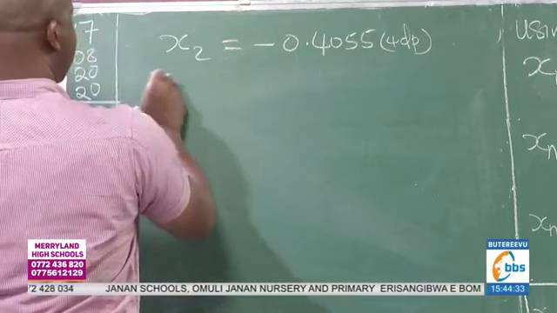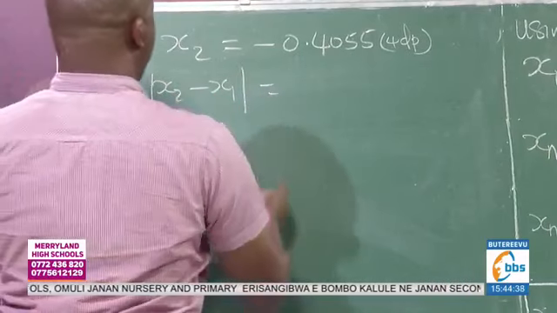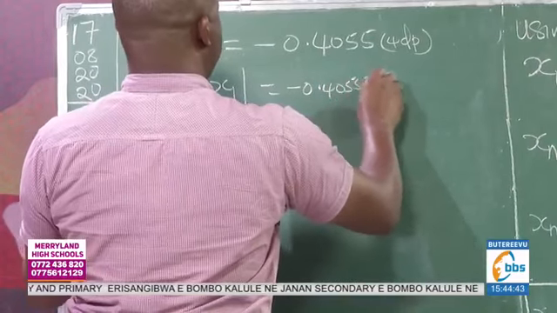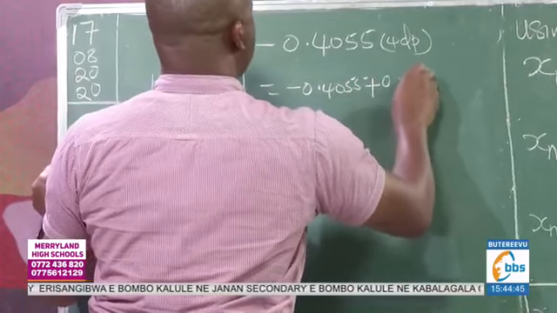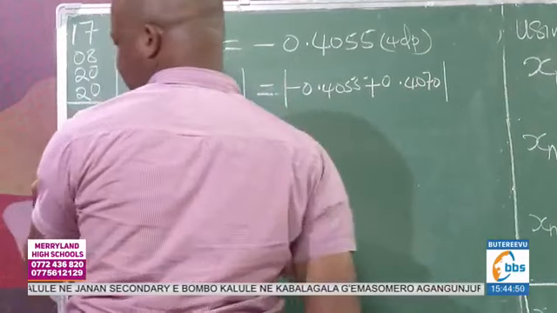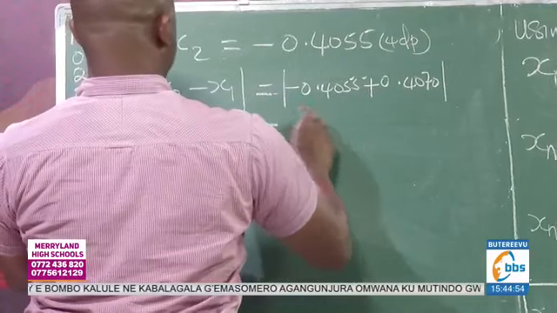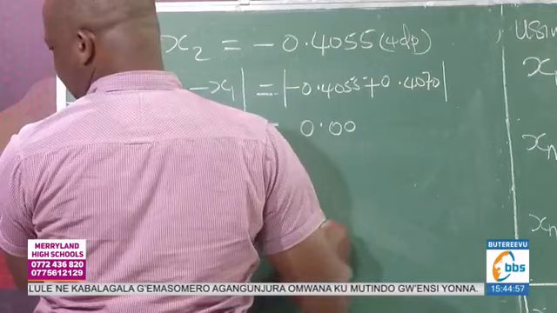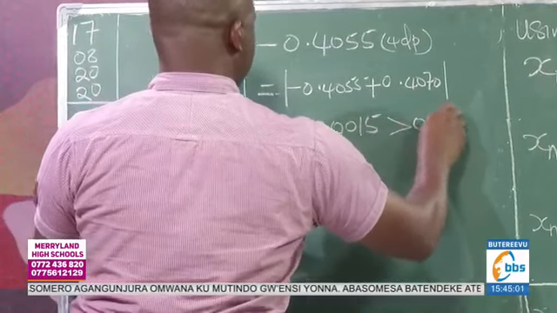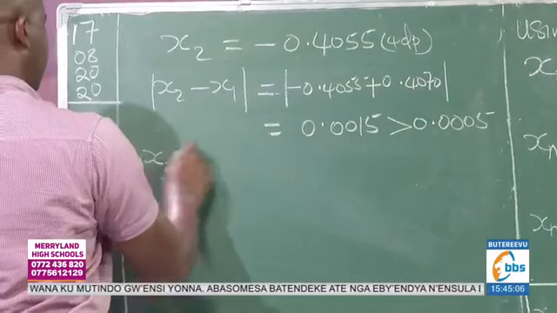Check for the tolerance. x2 minus x1 will give us negative 0.4055. This will be plus 0.4070 modulus. When you compute this, you get a value of 0.0015. This is still greater than 0.0005. So it means we need to look for x3.